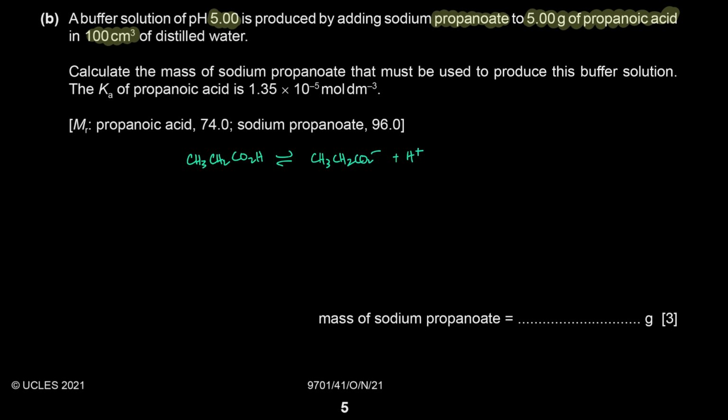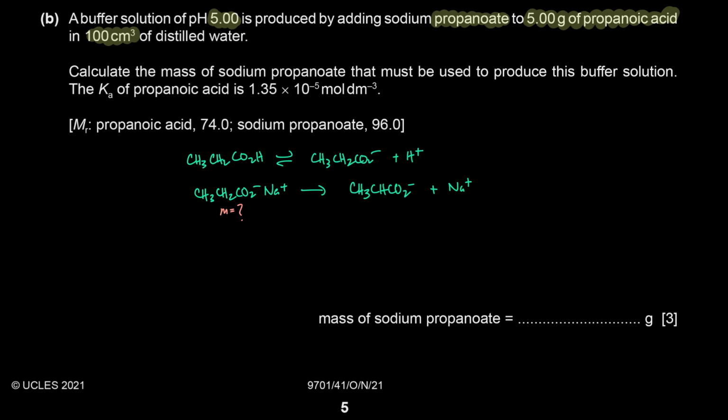And we have sodium propanoate, that is the salt of the conjugate base, and this ionizes completely in solution to give us the conjugate base and sodium. Now the question is asking, what is the mass of sodium propanoate that we must use? So we want to figure out the mass of sodium propanoate that we're going to use here. That's what the question is asking.